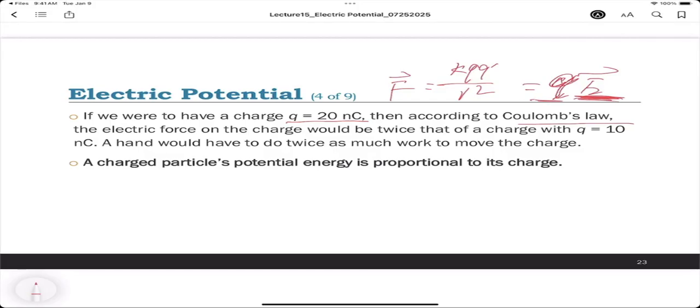So if the charge is twice as large, the force will be twice as large. The electrical force on the charge will be twice that of a charge with q equal 10. That makes sense to you.